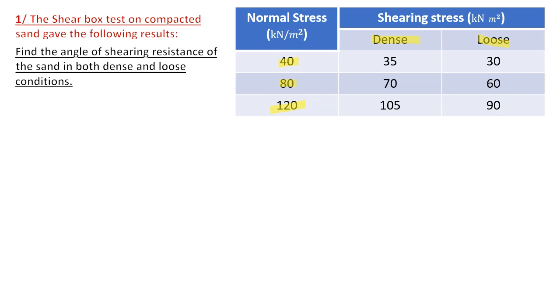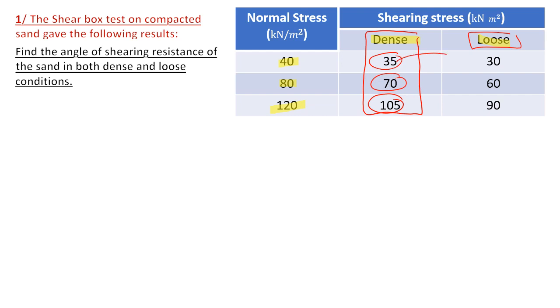When the soil was dense, the values of maximum shear stresses obtained were 35 kilopascal, 70 kilopascal and 105 kilopascal respectively. However, when the soil was in its loose condition, of course the tau maximum will be less than the one obtained in the dense condition.